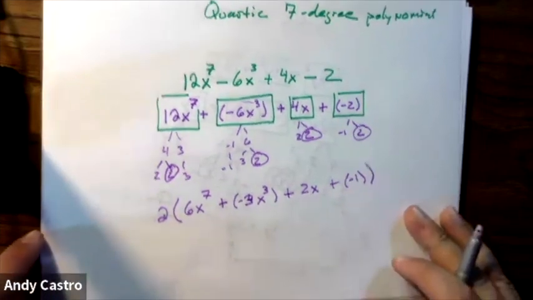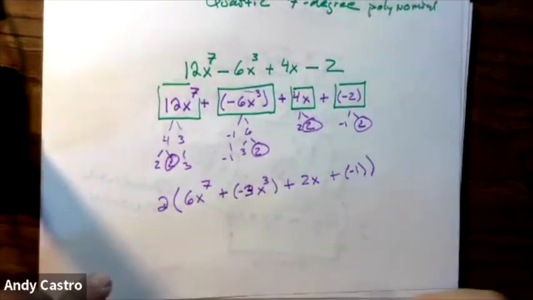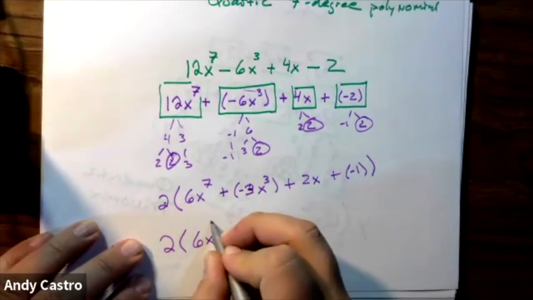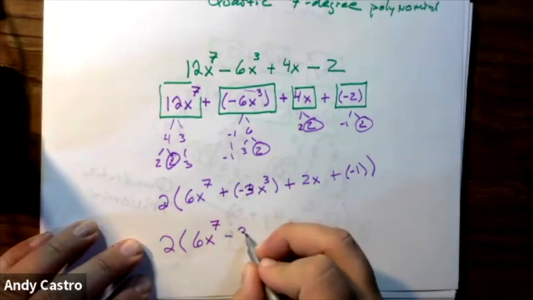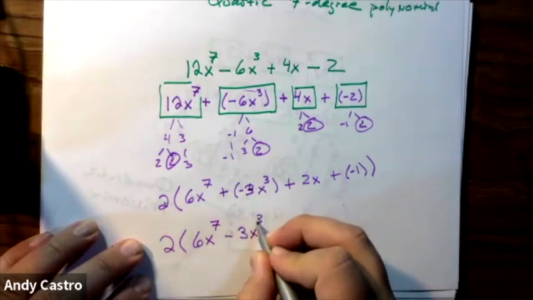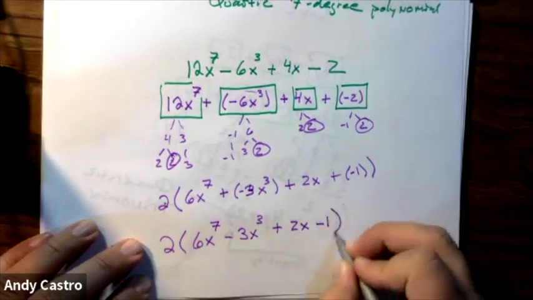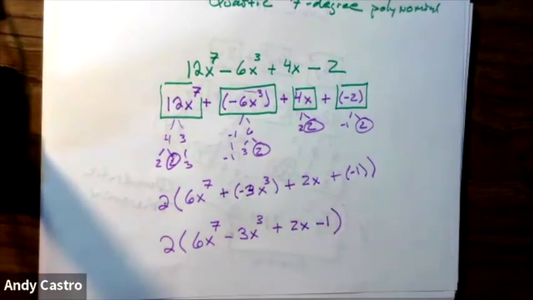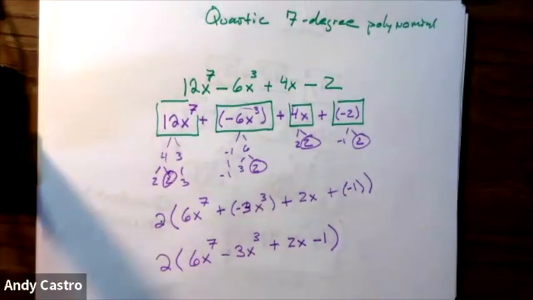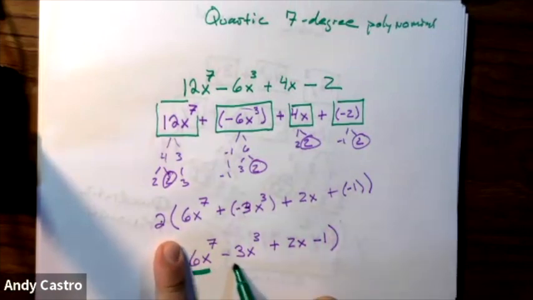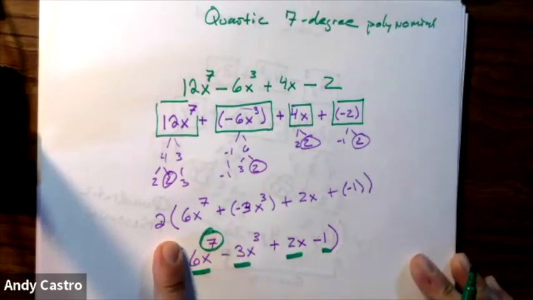Now I'm going to turn it back to subtraction to make it a little easier to look at. So 2 times 6x to the 7th minus 3x to the 3rd plus 2x minus 1. What's interesting is I started with a 7th-degree polynomial, and inside the parentheses, I still have a 7th-degree polynomial.